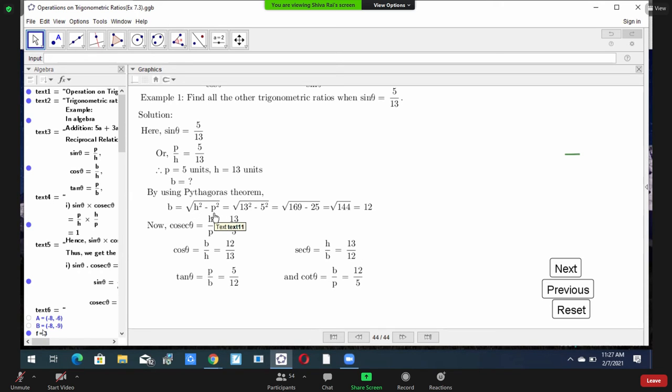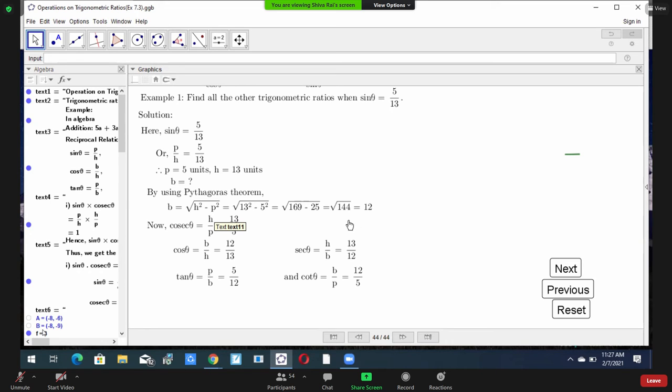Here S equal to 13, so S square means 13 square, which is 169, and P equal to 5, so P square is 25. Finally we get under root 144, and root 144 means 12.